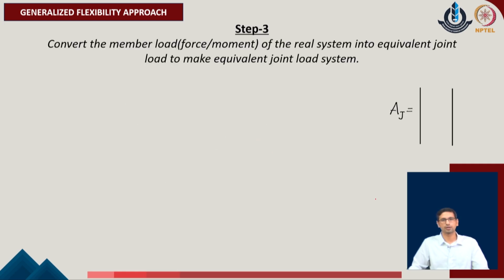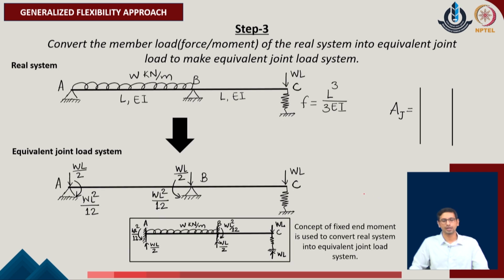So, to see this part in a very systematic manner, we consider that the given system has been converted into an equivalent load system. So, now this is the equivalent joint load system which is identified. Now, as we defined in the previous step, the overall system has been considered as the system subjected to the 2 joint forces, and this reaction of the given system has been considered as a redundant value of the given system.